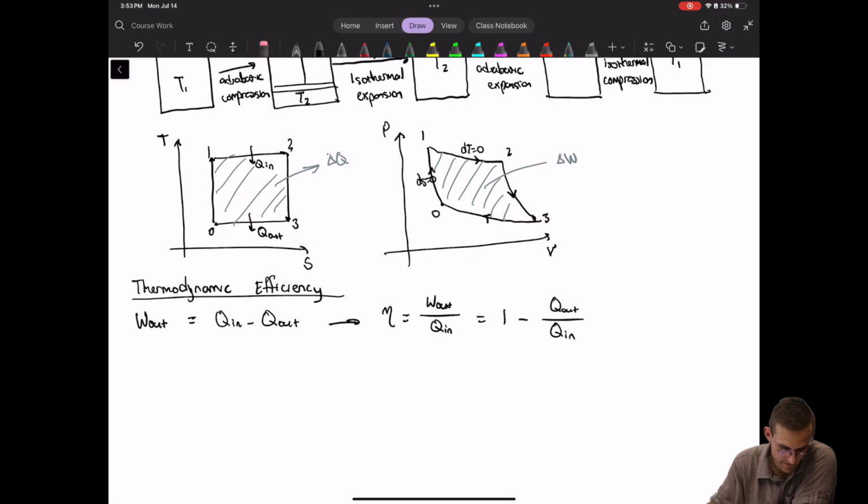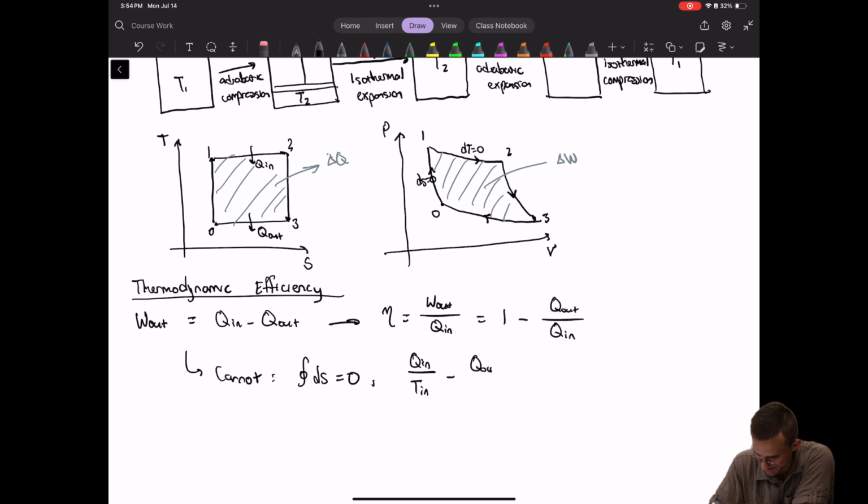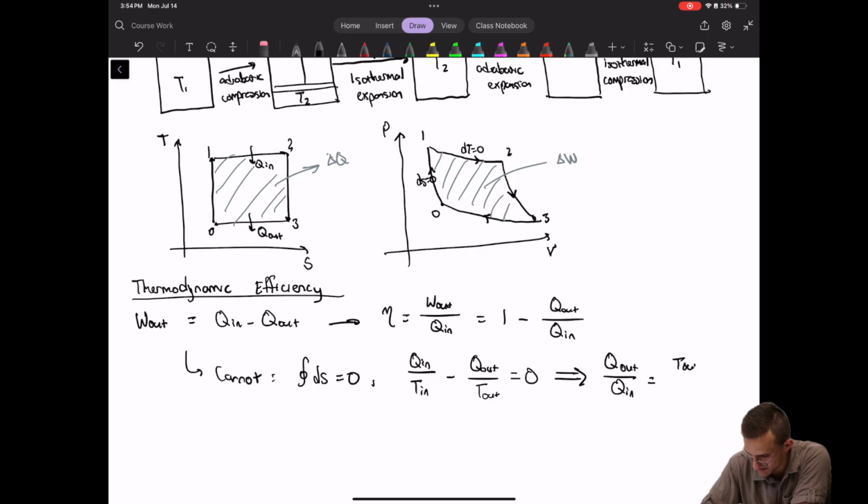Okay? And then for the ideal Carnot cycle, we know that the integral over all steps of the entropy is equal to 0, closed, because it's ideal. So that tells us that Q in over T in minus Q out over T out, just by doing that integral, is equal to 0. And so the ratio of Q out over Q in is equal to T out over T in.